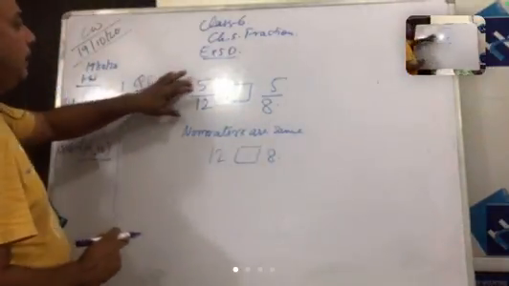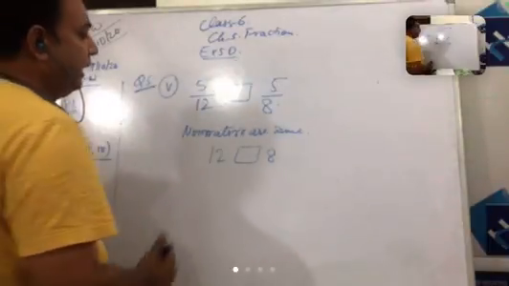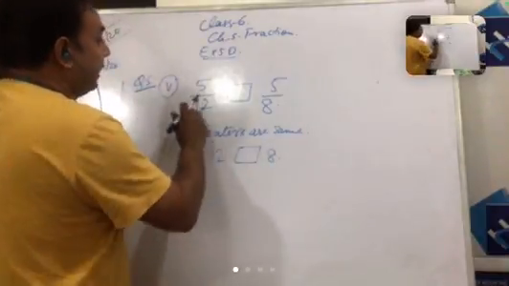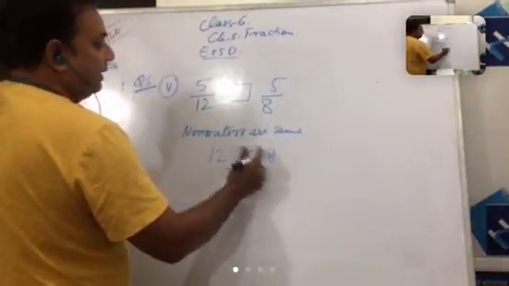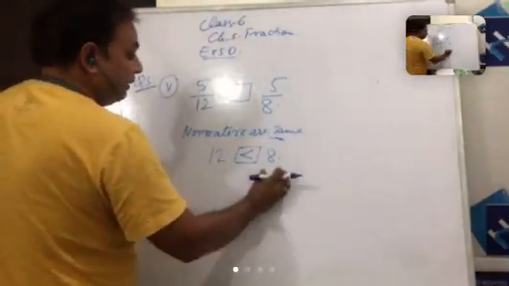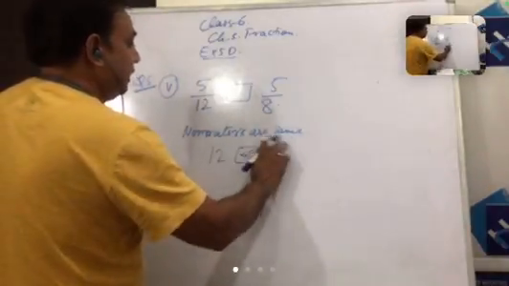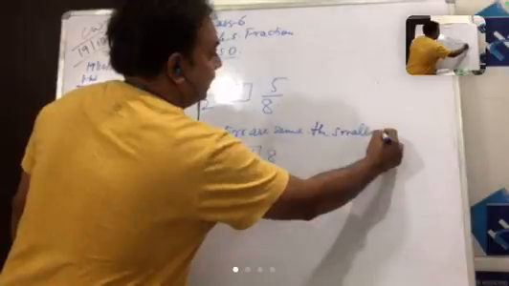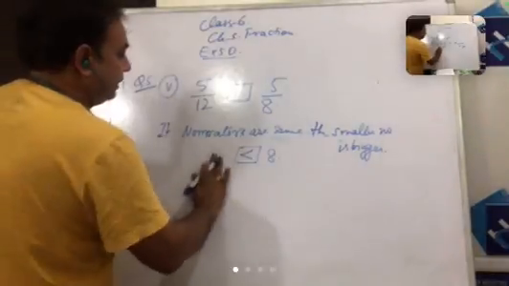Here it is 12 division of 5, here it is 8 division of 5. You only have to remember that the bigger number becomes smaller, because it makes more parts. So if the numerators are the same, then the smaller number is bigger.